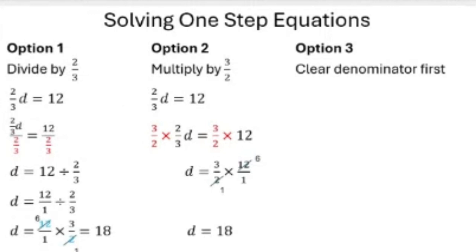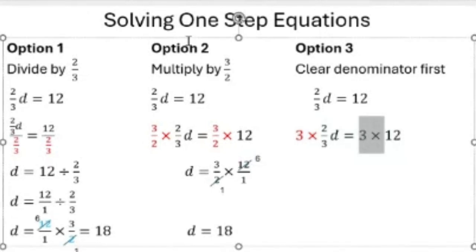Option 3, I almost hesitate to do, but let's do it very quickly here. Option 3 is I could make the denominator of the fraction go away first, and then it just becomes a simple question. So I could say, ooh, I don't like that fraction. I don't like the 3 there. Let's just make it go away by multiplying both sides by 3, like so.